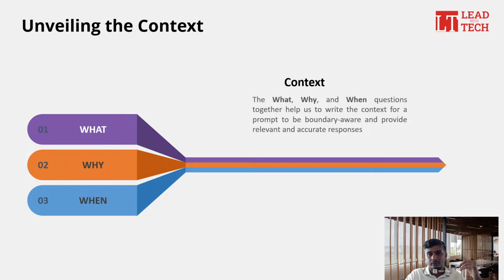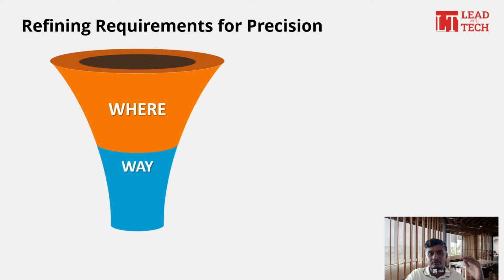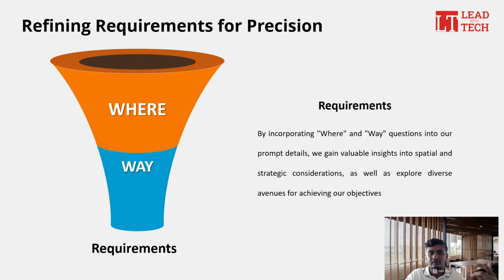And the 2 other questions, where and way, give you the requirement that you need to get the responses you need with respect to the code or the test data or the testing or the understanding.